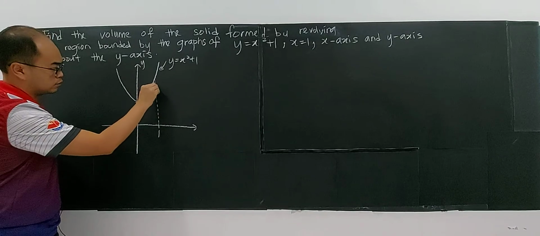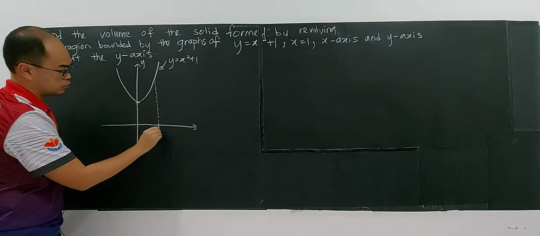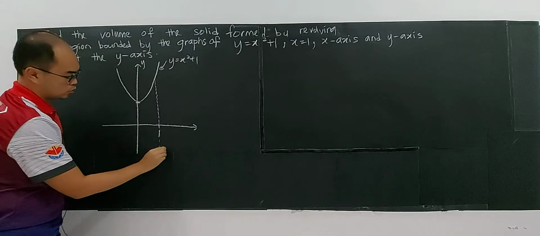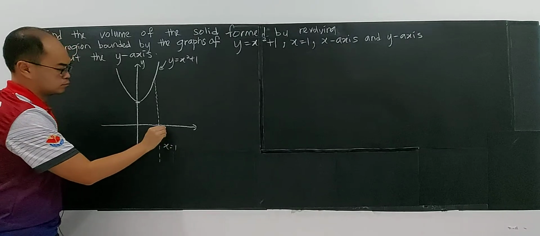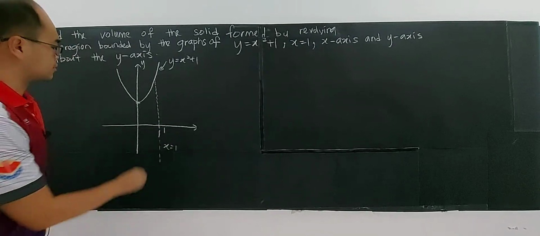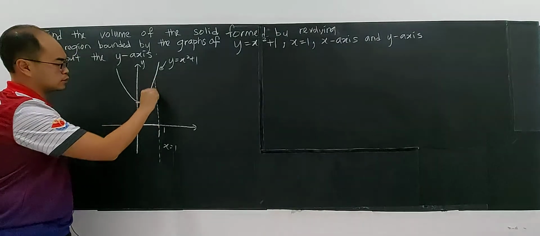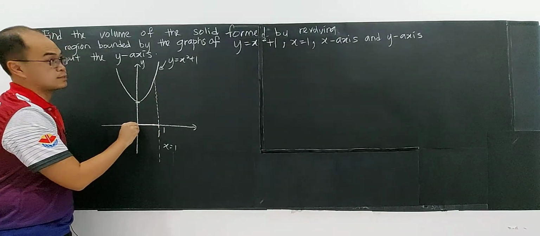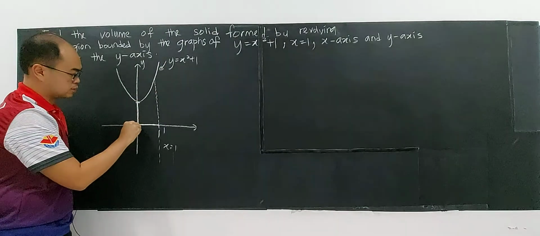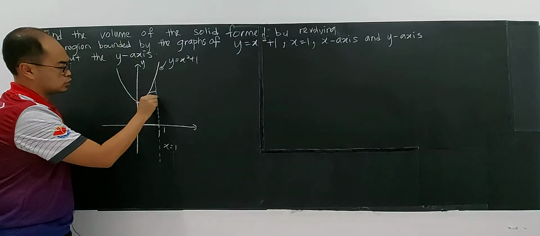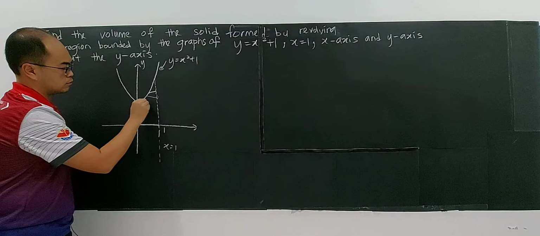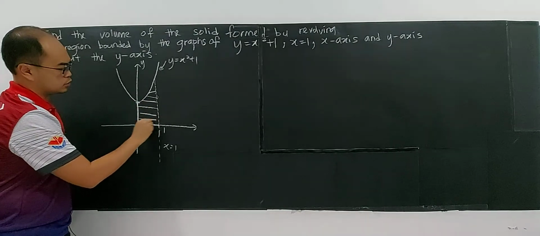This line, x equals 1, and the x-axis. The region is bounded by the curve, the line x equals 1, the x-axis and the y-axis. Alright, so this is the region that I'm going to rotate.